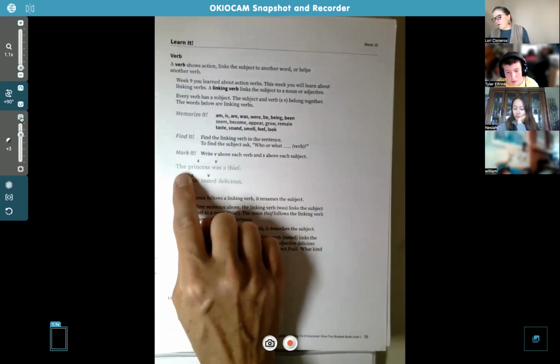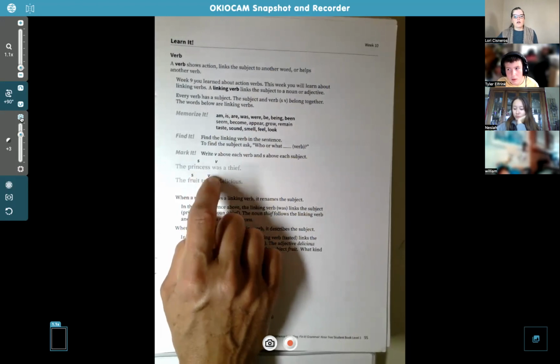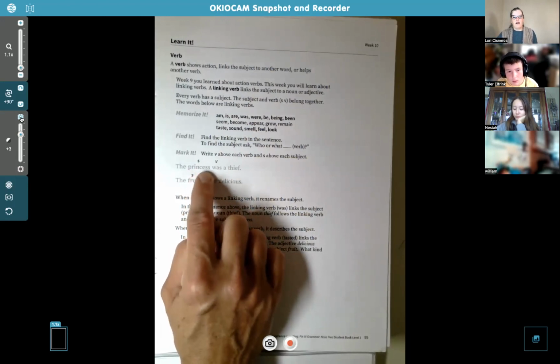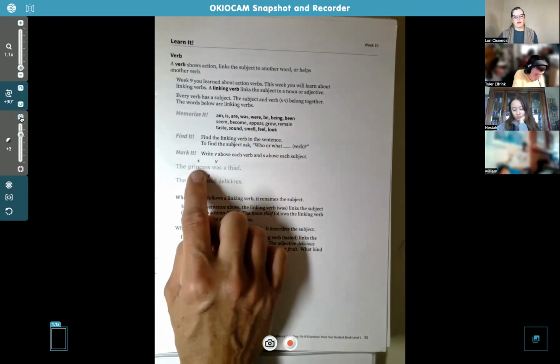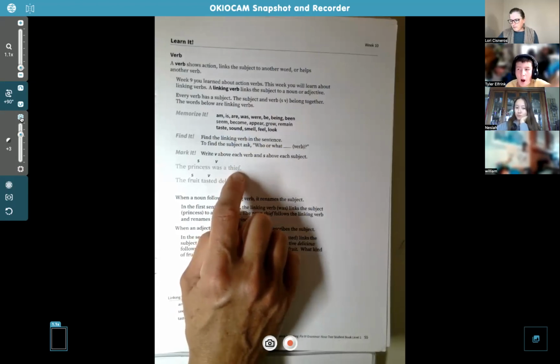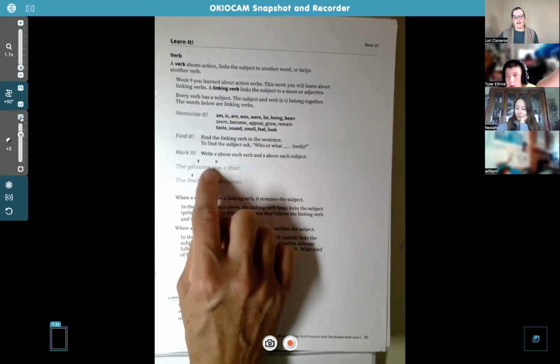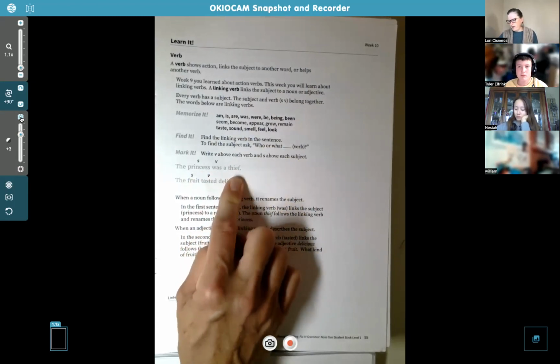So here's your example. The princess was a thief. So we know we're talking about the princess, and that word was is linking the subject princess to another noun describing her, because the princess was a thief. So it's another noun or another name for her.